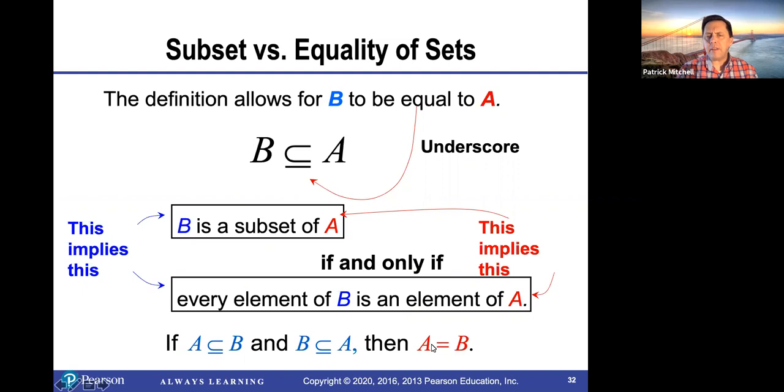We talked about this a little while ago. This is how, in more advanced math classes, we prove that two sets are equal. If A is a subset of B and B is also a subset of A, that means that the sets A and B have to be equal.